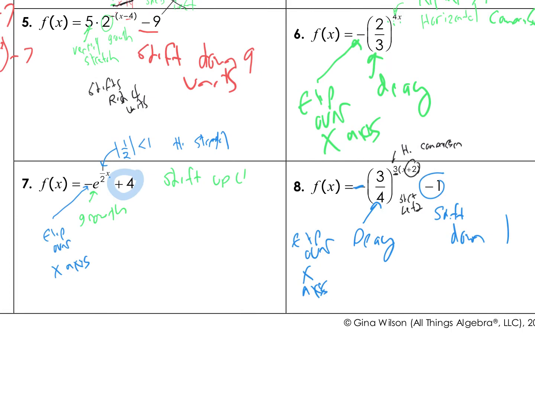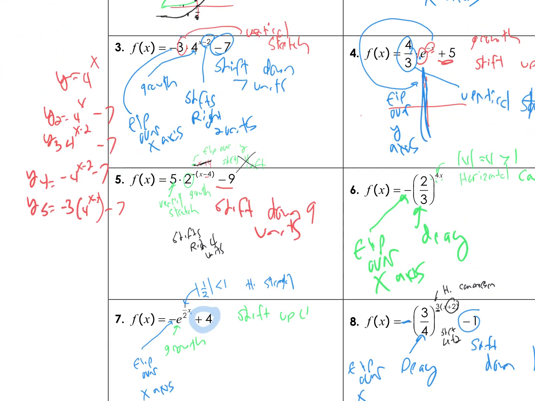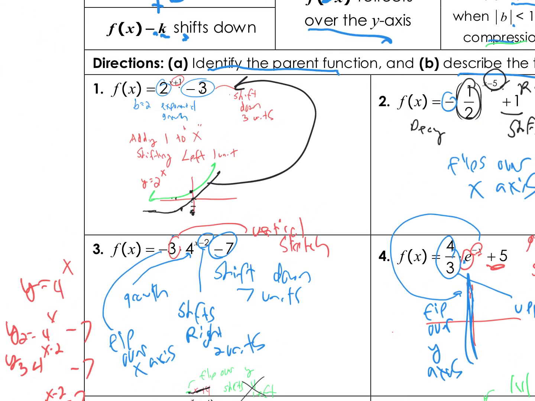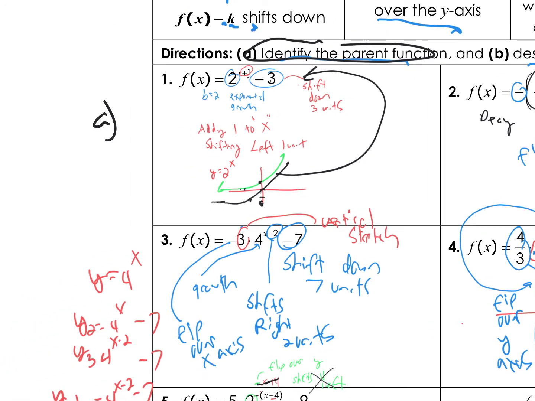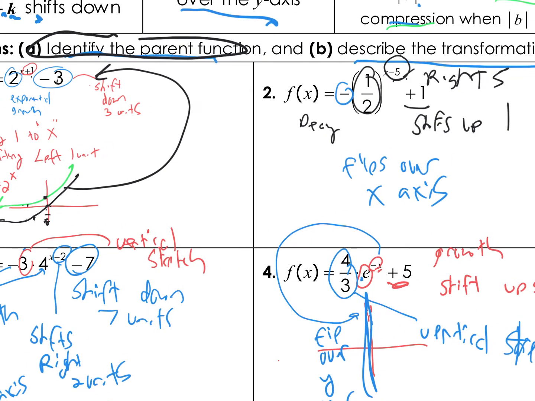Okay. And in every one of these, what I didn't do is it said identify the parent function. So I should have done that for part A. The parent function of this was y equals 2 to the x. The parent function for this is y equals 1/2 to the x.